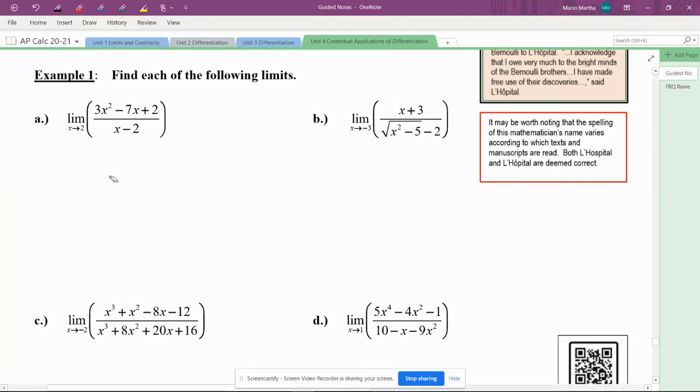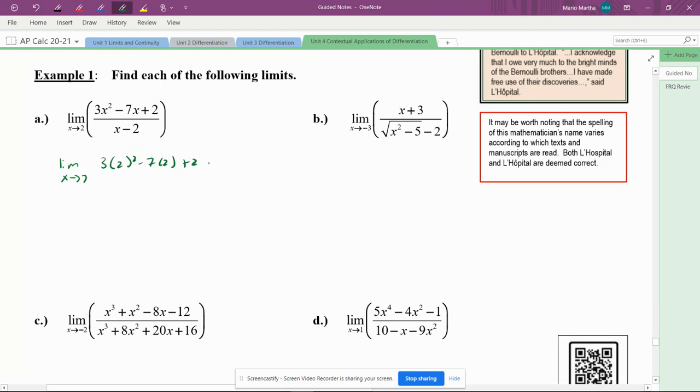Example 1: find each of the following limits. The limit as x approaches 2 of 3x squared minus 7x plus 2 over x minus 2. One thing you'll notice here is, if I plug it in, we get 3 times 2 squared minus 7 times 2 plus 2.